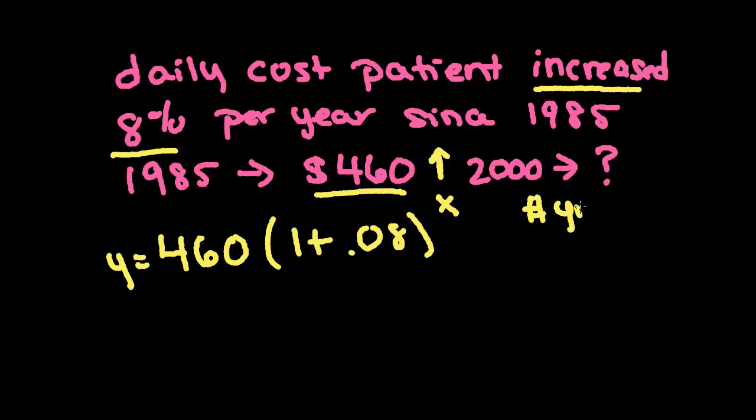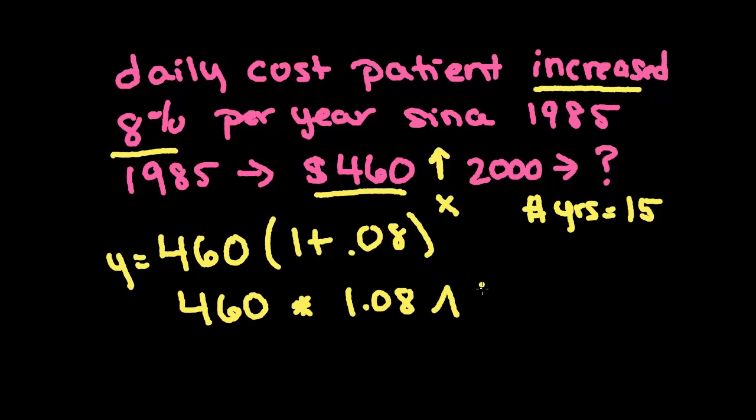And in this case, we'll say the number of years was 15 years between the year 2000 and the year 1985. So on the calculator, again, you would do 460 times 1.08 caret 15, and that would give you your answer to this problem.